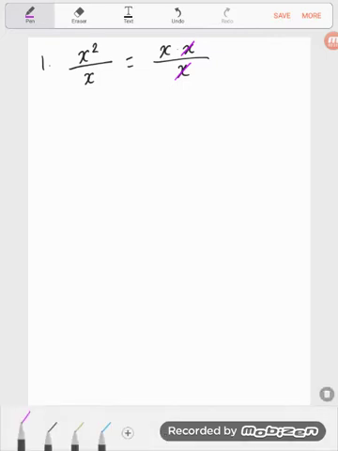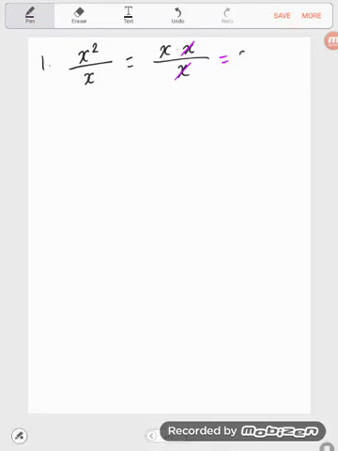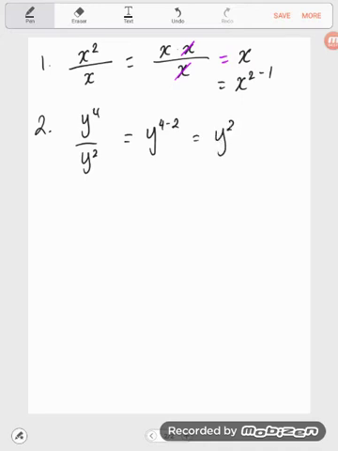Okay, so this is the same thing as x, because we have 2 on the top and we've divided by 1. So what you do is you have x to the 2 minus 1. So another example that we could have is y to the 4 divided by y squared. So this is the same thing as saying y to the 4 minus 2, which is y squared.